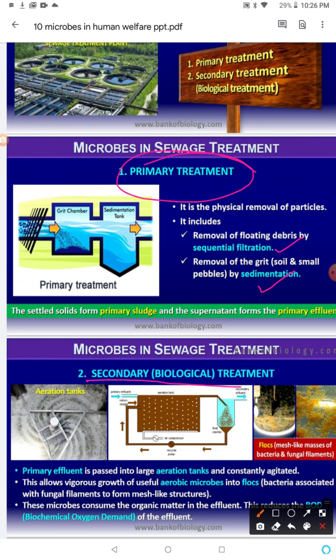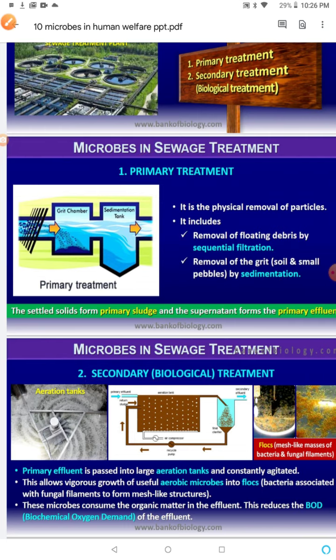Then comes the secondary treatment of sewage, where flocs, or mesh-like masses of bacteria and fungal filaments, are used. The primary effluent is passed into large aeration tanks and constantly agitated.